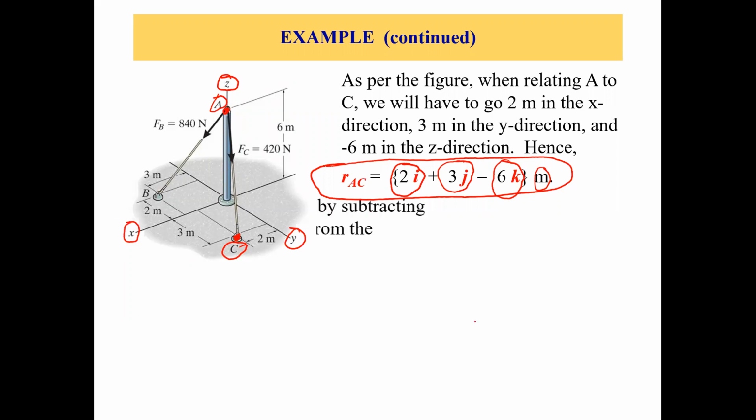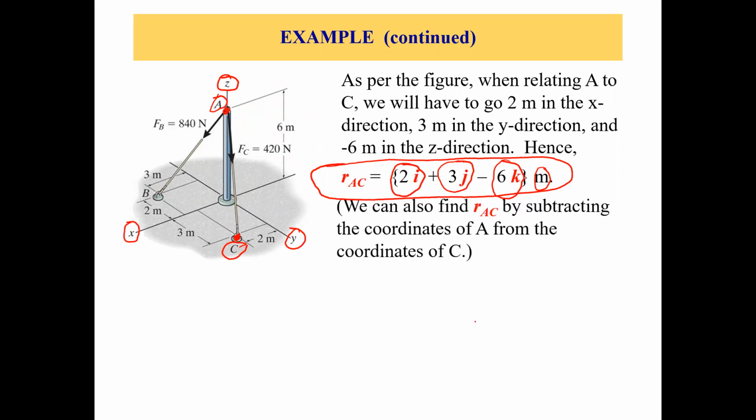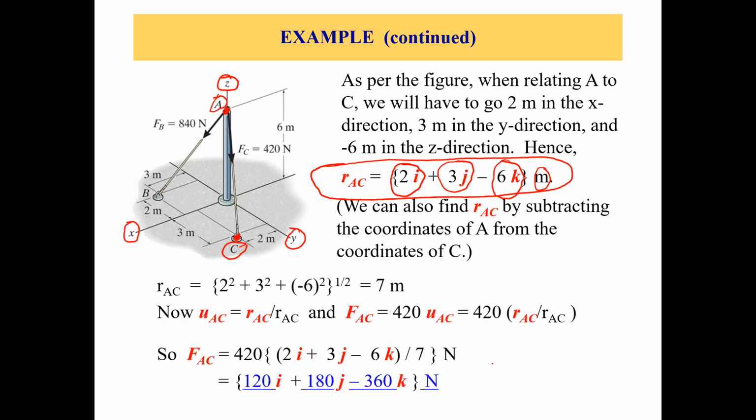Now let's move forward. This is the same as what we did: subtracting the coordinates of point A from the coordinates of point C. X C minus X A, Y C minus Y A, and Z C minus Z A, and of course the unit of meters. Now we have the position vector R sub AC, and we need its magnitude.